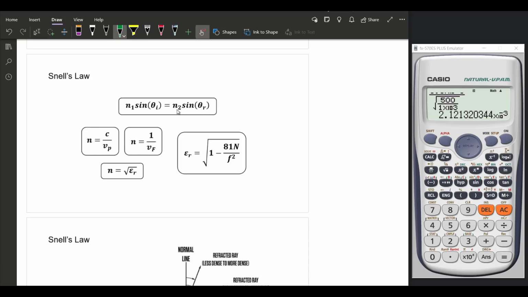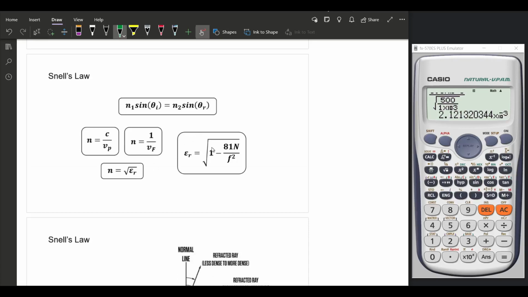Yung index of refraction, you can compute that if you have the speed of light and the velocity of propagation, o kaya yung velocity factor, or yung dielectric relativity. Okay? Relative permittivity. So, yung ER.